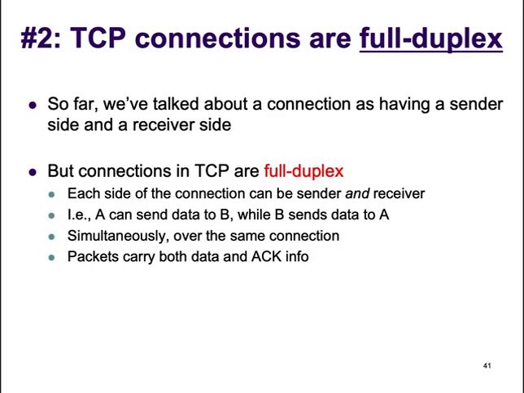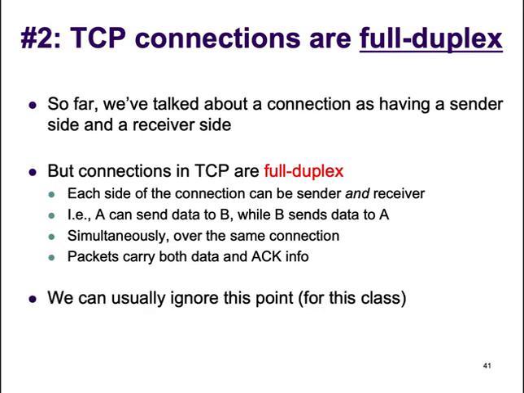So if I have a TCP connection from host A to host B, A can be sending data, a file or whatever, from A to B. At the same time, B could be sending some different data from B to A. Which also means A can be sending data to B while acknowledging data that B has sent to A, and B can be sending acknowledgements back to A while sending new data from B to A. Is that clear what we mean by full duplex?